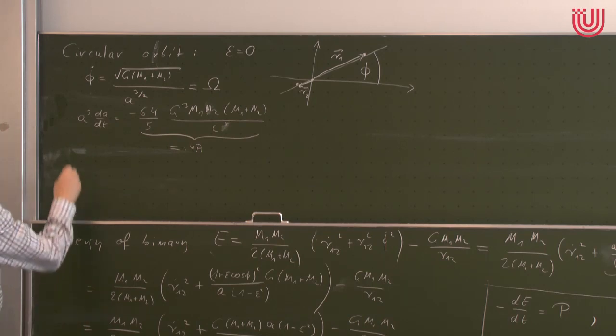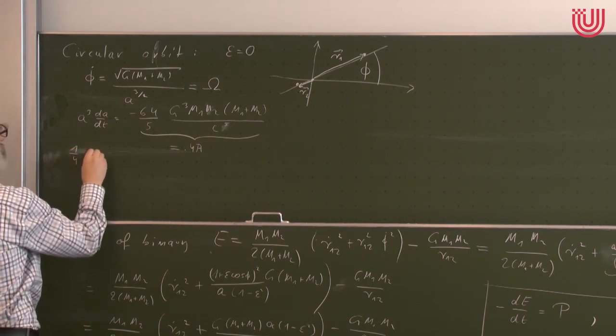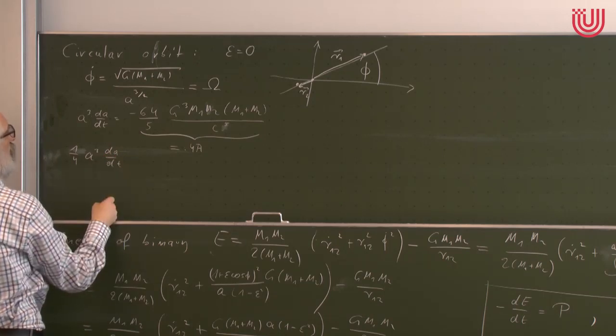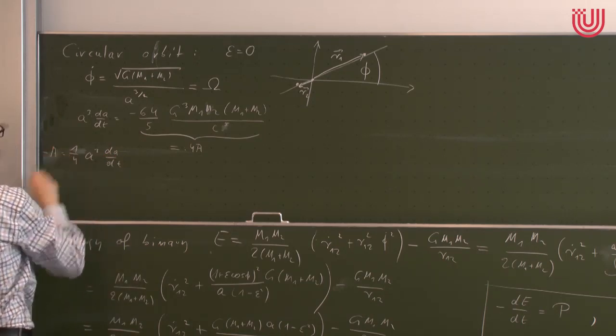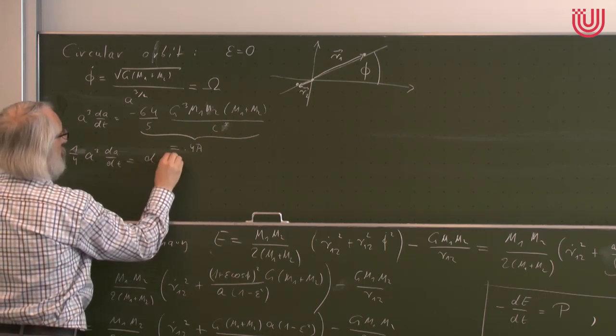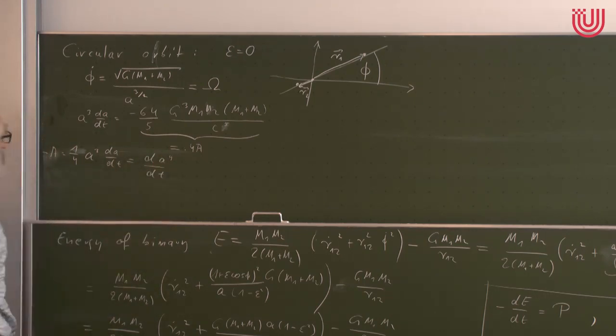Because then I have 1 over 4 a cubed dA by dt minus a is this here. And this is, by the chain rule, just d a to the 4 divided by dt.